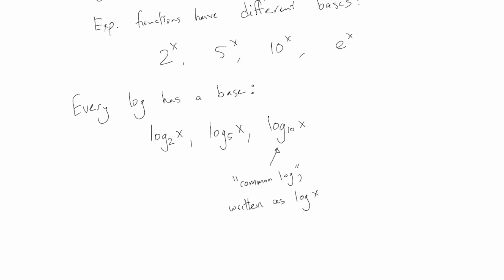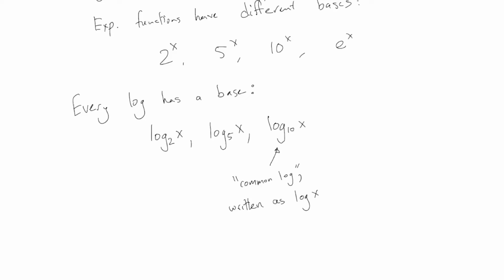So when you see log with no base indicated, you assume the base is 10. When logarithms were first invented or discovered in the 1600s, they used the base 10 log most of the time for computing. Nowadays, there's nothing really special about it anymore because we can do all of this on calculators anyway.